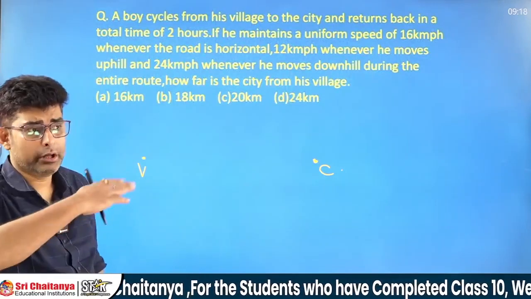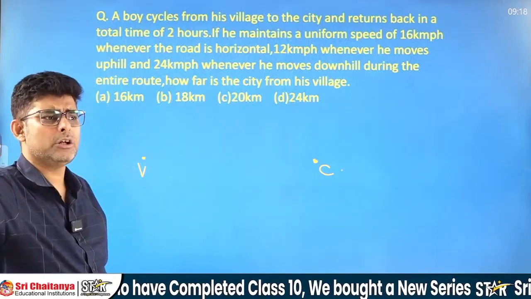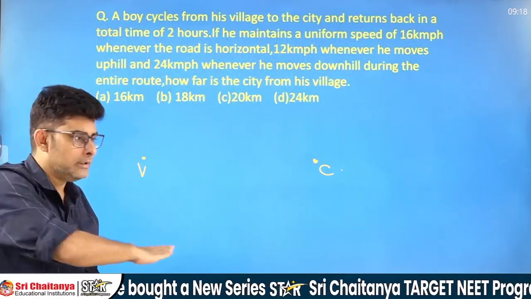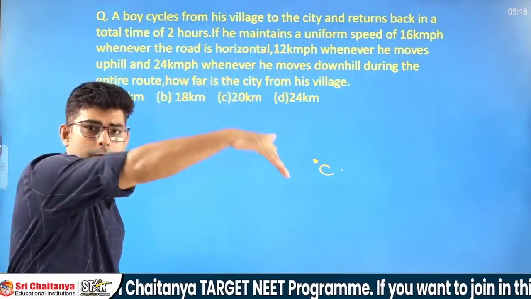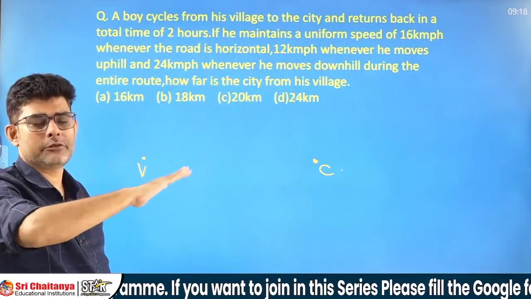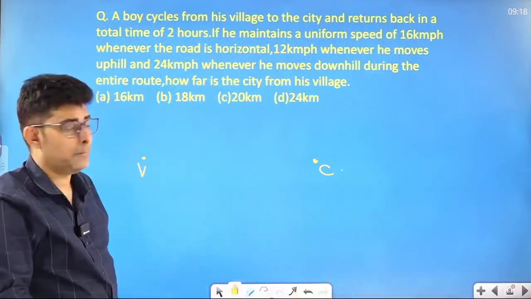Now we very well know, if you go on the roads while you are traveling in your town, in your village, wherever, you see that the roads are not always the same. Somewhere the road will be horizontal, somewhere it will go uphill, and somewhere it will go downhill, right? So we have a combination of different terrains, sometimes uphill, downhill, flat and all.